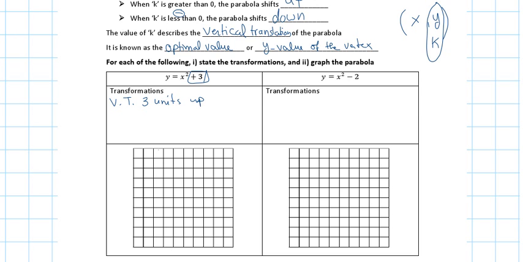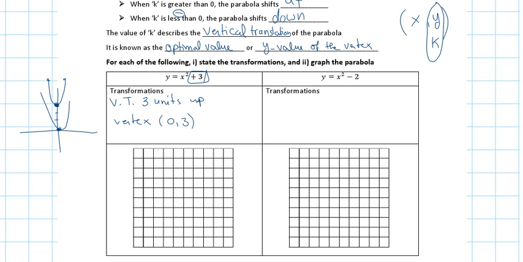Okay, so my vertex is where now? 0, 3. Okay. How about my step pattern? What's my step pattern? Because it's 1, 3, 5.